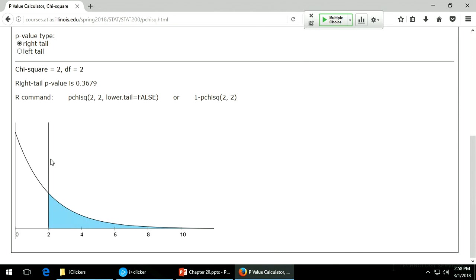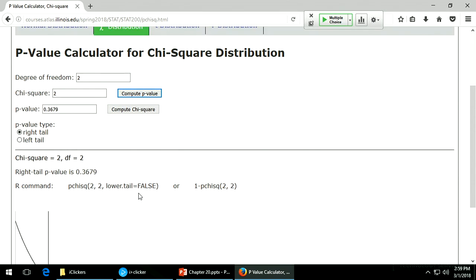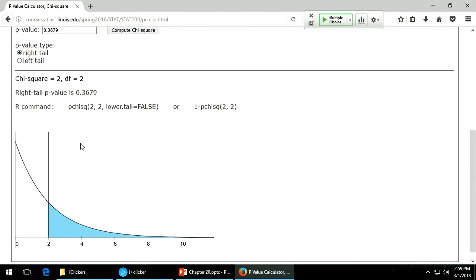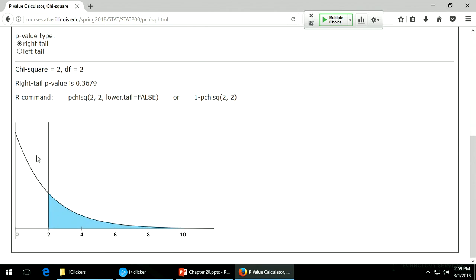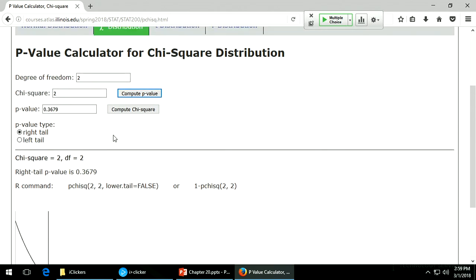Why? Because it's not the median. The median is the 50% point. Remember? With a long right-hand tail like this, the average is greater than the median. So the median, the 50% mark, would be more like here. The average is 2. It's greater than the median.